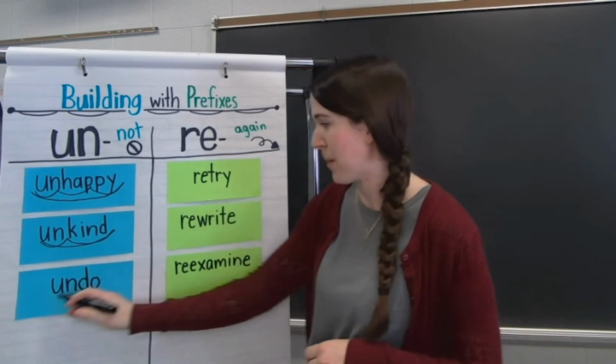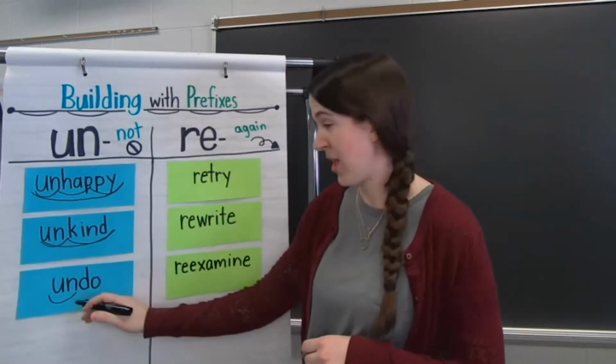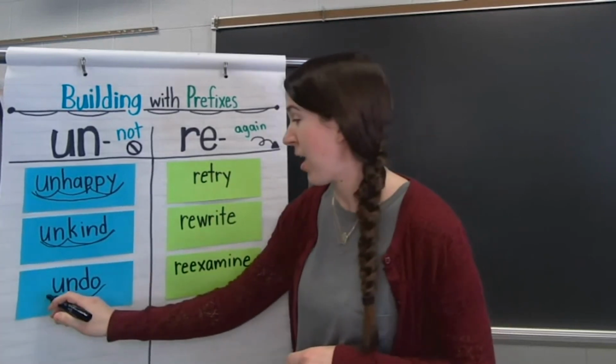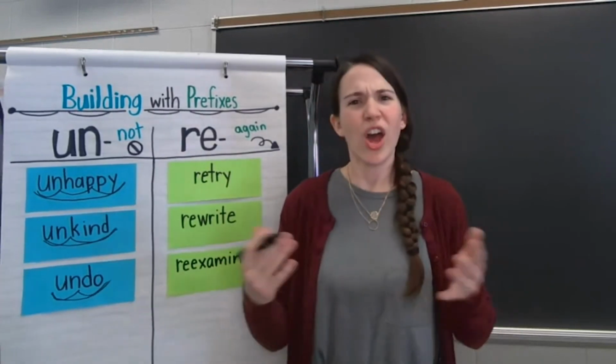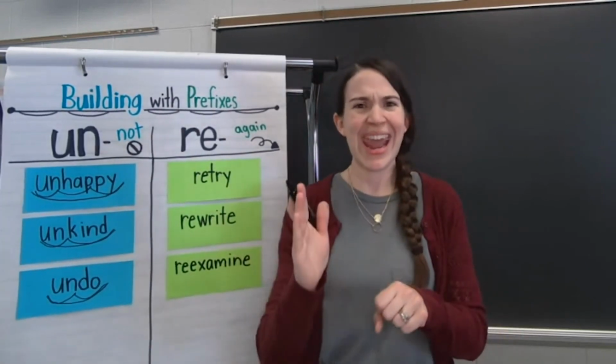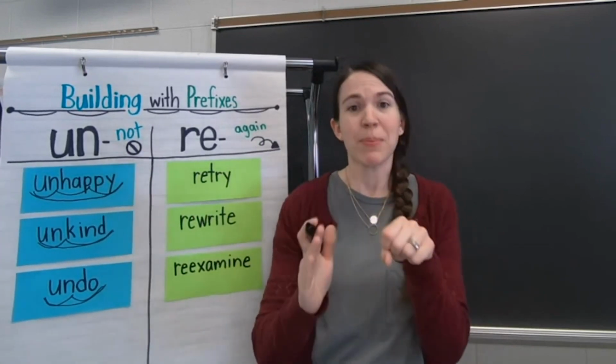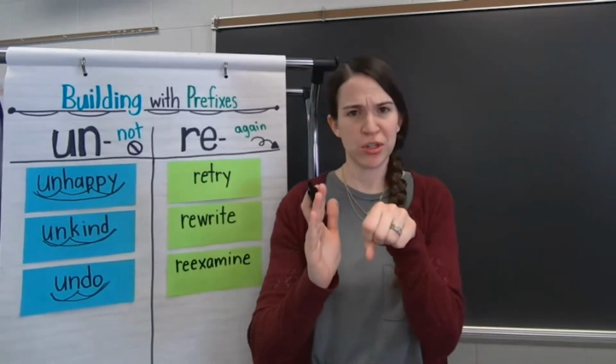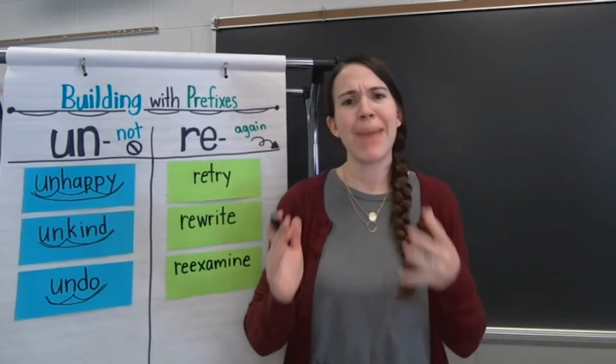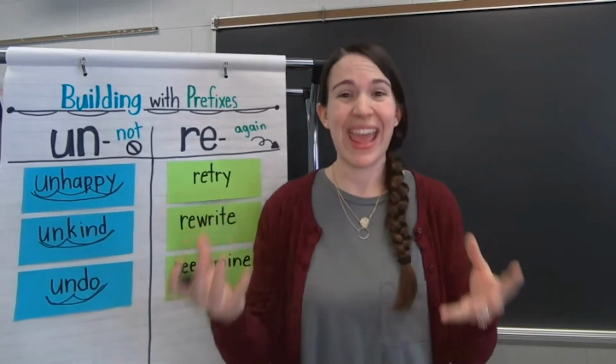Let's read the next word. Undo. Undo means not done because un is in front of the word do. Do is about making or taking an action.